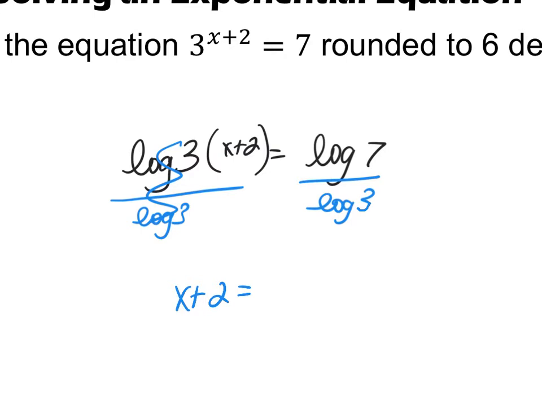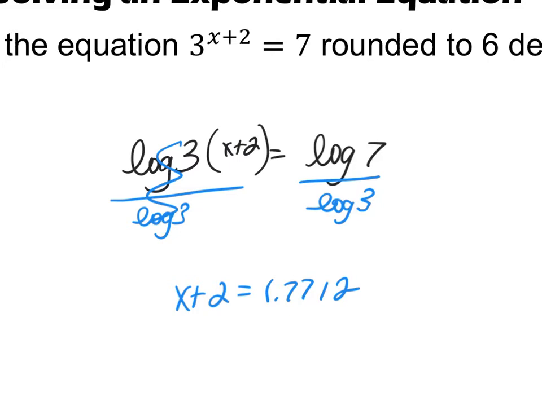But if you do this on your calculator, hit log 7, not ln, hit log 7 divided by log 3. And tell me what you get, like 4 decimal places. 1.7712. Okay, that's okay.